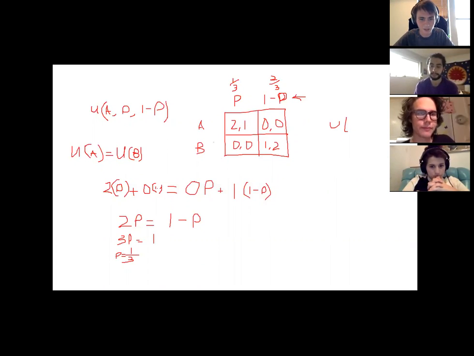So I think it'll be 1/3 for B and 2/3 for A. Okay, so did that make sense?